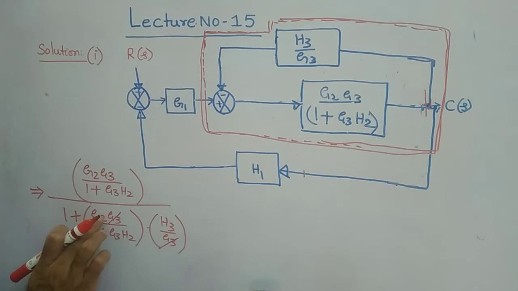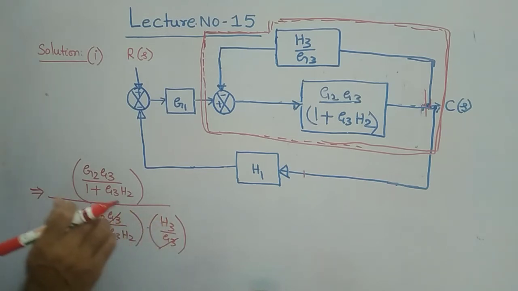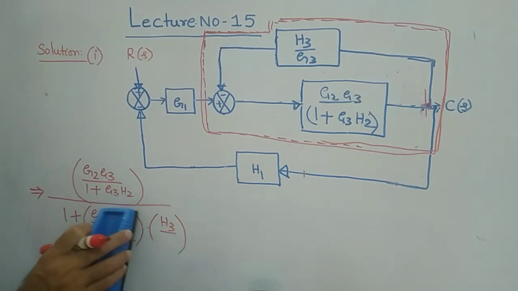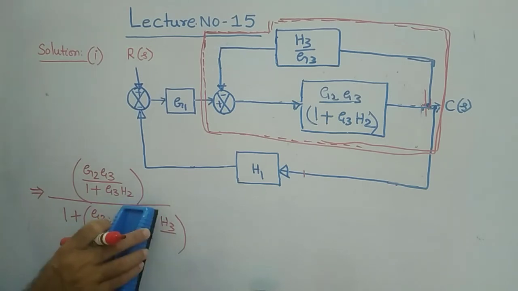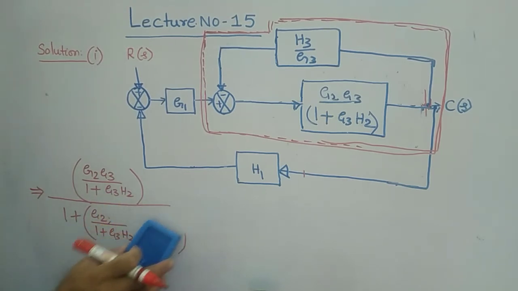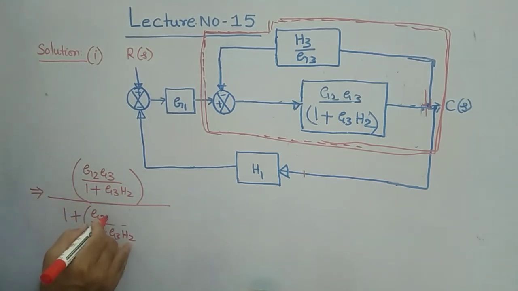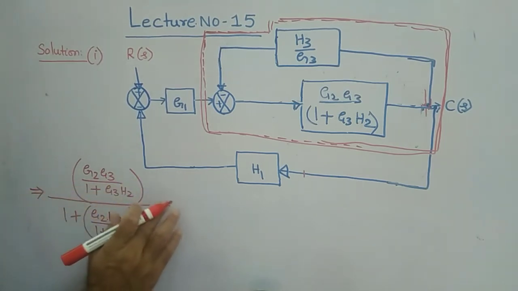Then what will remain? G2 into H3 will be there. So you can remove this G3 and just write H3 here. Means you have G2 into H3.